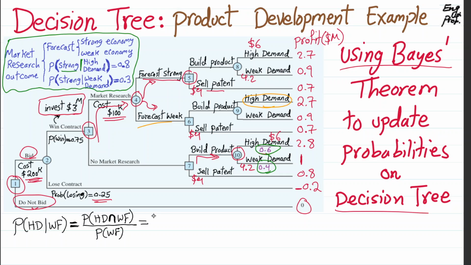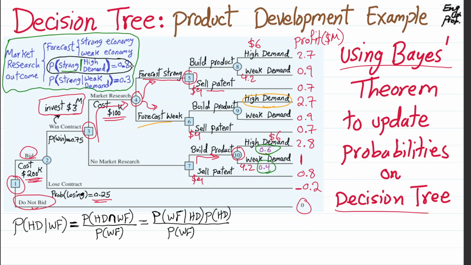Then we can rewrite the joint probability using the multiplication law, and it will be the probability of a weak forecast given high demand times the probability of high demand, divided by, of course, the probability of weak forecast.